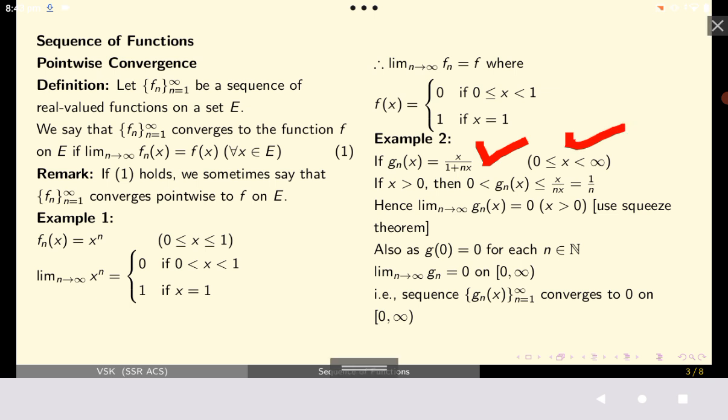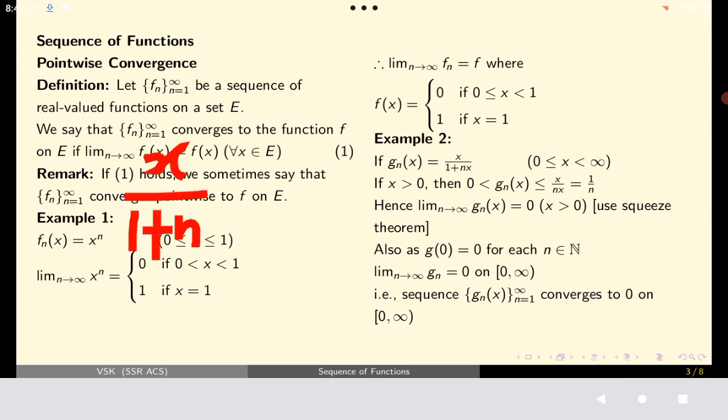Now if x is greater than 0, then 0 is less than gn(x), which is less than or equal to x upon nx, and this is equal to 1 by n. Why is this so? Because x upon 1 plus nx, if x is greater than 0, is less than or equal to x upon nx, and this is nothing but 1 by n.